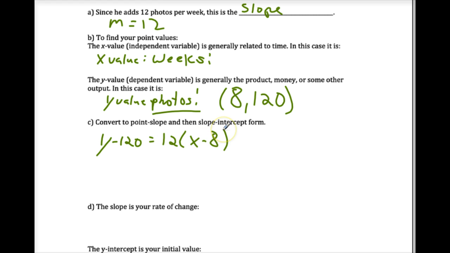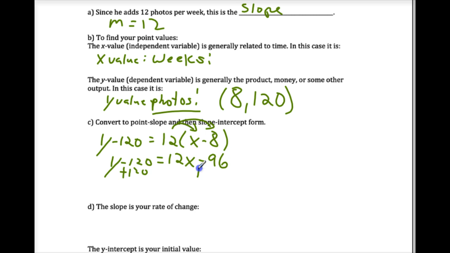12 times 8, I think, is what you got wrong. What is 12 times 8? 96. Math that's close does not really count. All right, so distribute. Let's solve it for y. y minus 120 equals 12x minus 96.